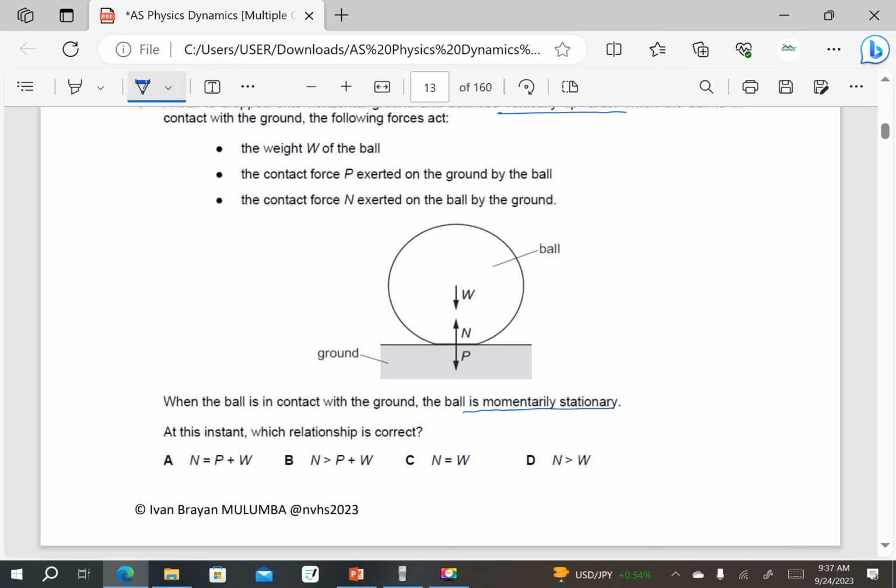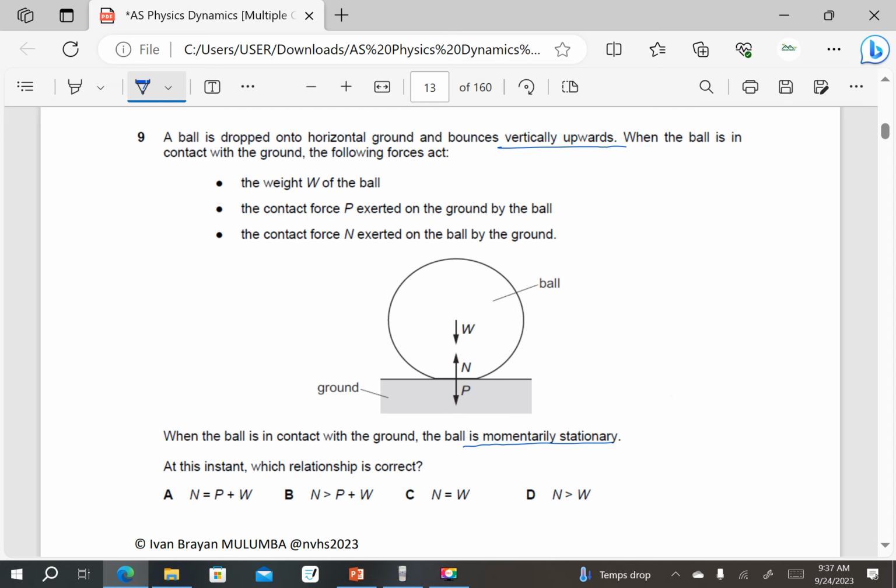At this instant, which relationship is correct? Now, note that at the point of contact, the contact force exerted on the ground by the ball should be equal to the contact force exerted by the ground on the ball. That is in accordance with Newton's third law.